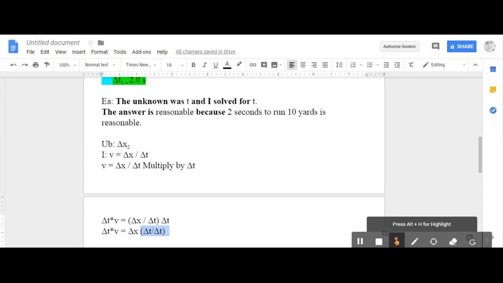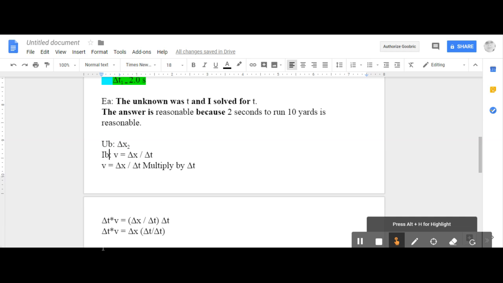Okay, so last time we left this problem, we were on part B. So I should label this part B of number 15. And we started with the velocity equation and we were isolating it for our unknown, which was delta x. So I have delta t times v equals delta x times delta t over delta t.